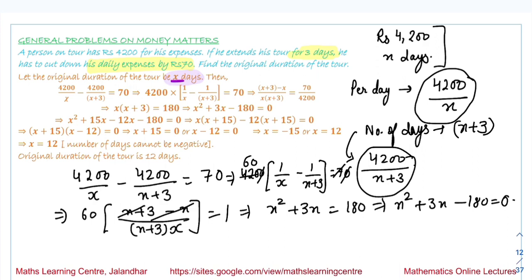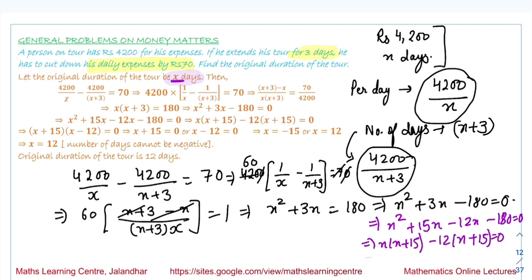So on splitting the middle term, we get x square plus 15x minus 12x minus 180 is equal to 0. So this is x into x plus 15 minus 12 into x plus 15 is equal to 0. So this gives us x minus 12 into x plus 15 is equal to 0.